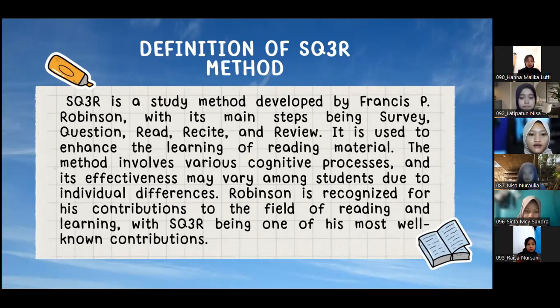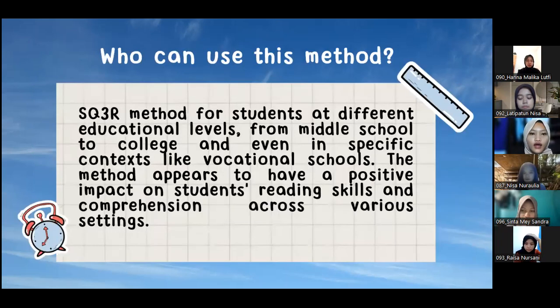The method involves various cognitive processes, and its effectiveness may vary among students due to individual differences. Robinson is recognized for his contribution to the field of reading and learning, with SQ3R being one of his most well-known contributions.